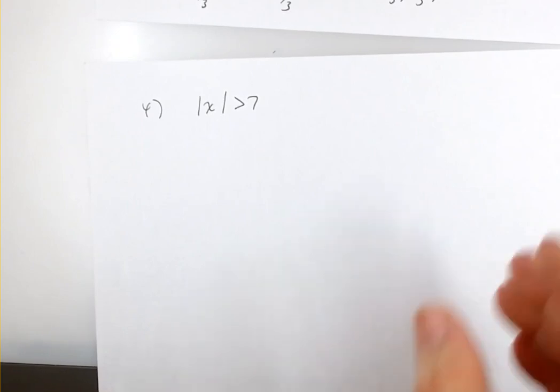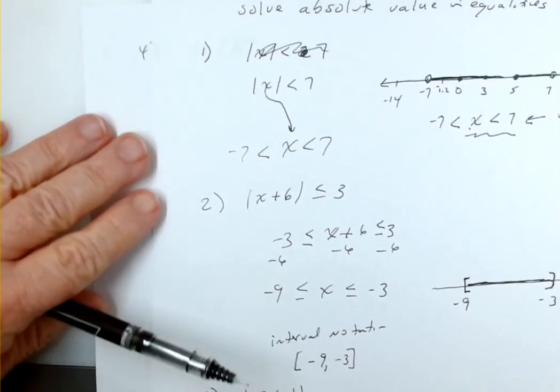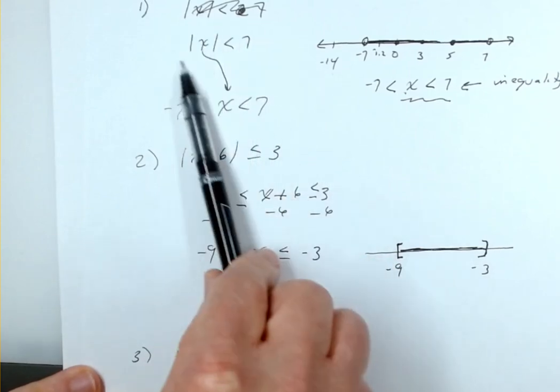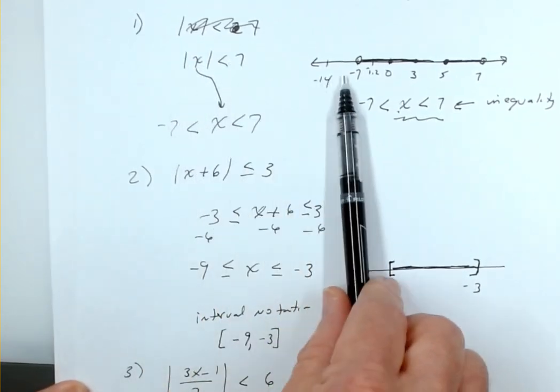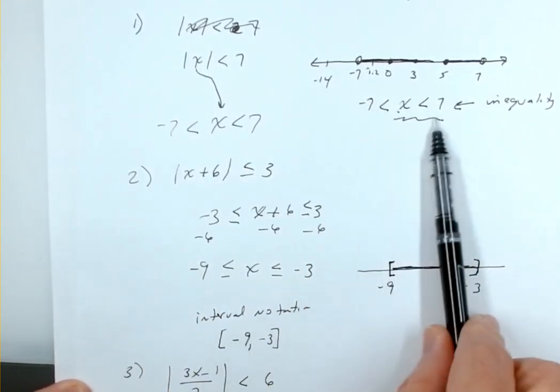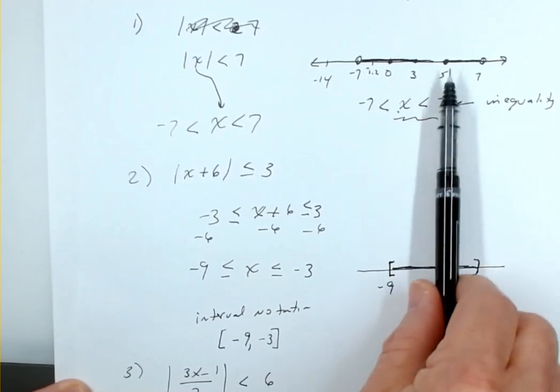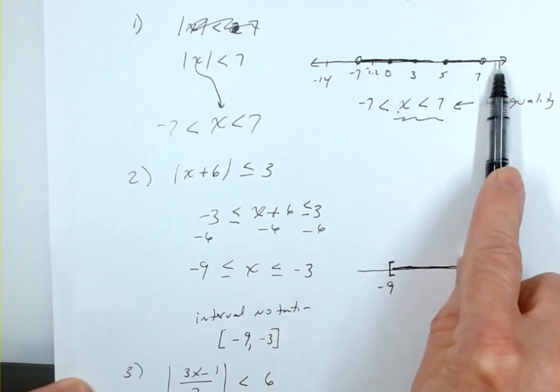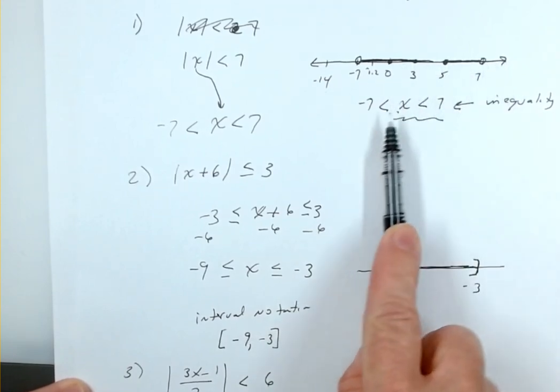Two different problems. They're both absolute value inequalities, but one was less than, the other was greater than. When we started absolute value less than, we looked at a very simple example, absolute value of x is less than 7, and we looked at the graph and saw what the solutions looked like. Everything was between a lower number and an upper number.